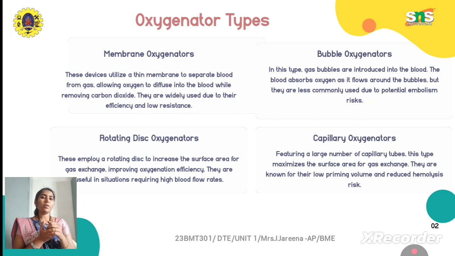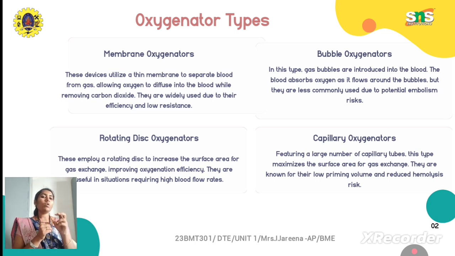The next one is capillary oxygenators. Here we have many capillary tubes. Since we have a large number of capillary tubes, it increases the surface area like the rotating disc. So we have a good amount of gas exchange, that is O2 goes into the blood, and CO2 from the blood goes into the capillary tube. The oxygen diffusion process takes place.